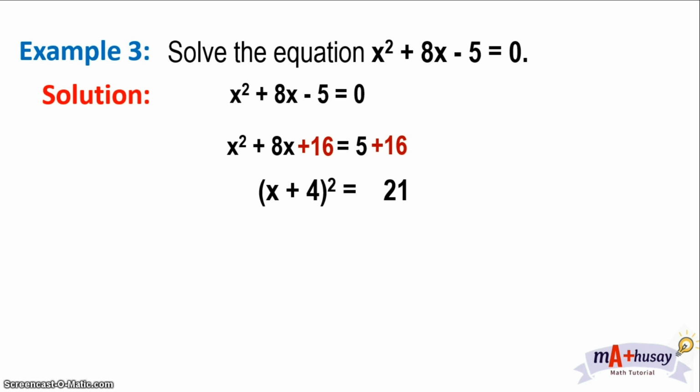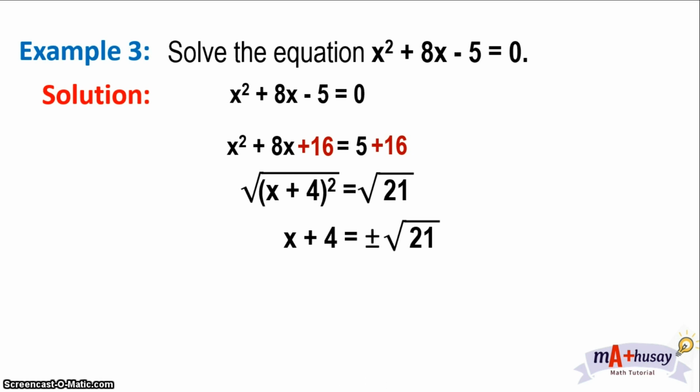So, we get the square root of both sides of the equation. And then, so sa left side, we only have x plus 4. While on the right side, we have positive or negative square root of 21. Again, there are two solutions for this dahil meron tayong positive and negative square root of 21 sa right side.